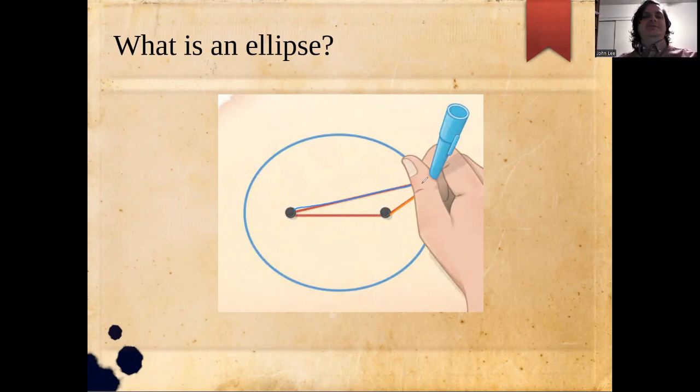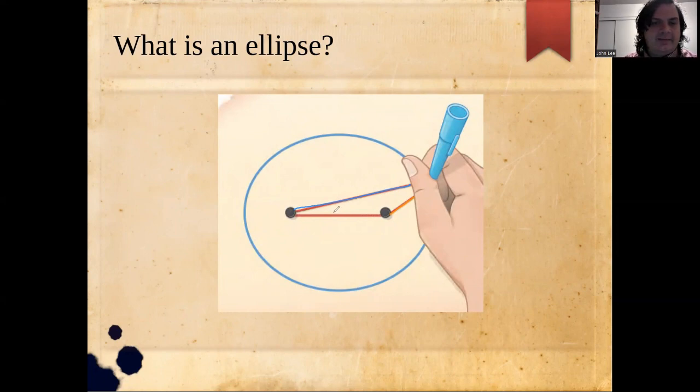And then the most basic version of an ellipse is actually a circle. That's when both of these two points are at the same point, the same point in the center.